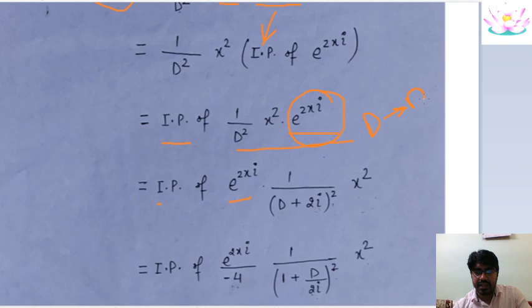So D will be replaced by D plus 2 iota, as you can see here.